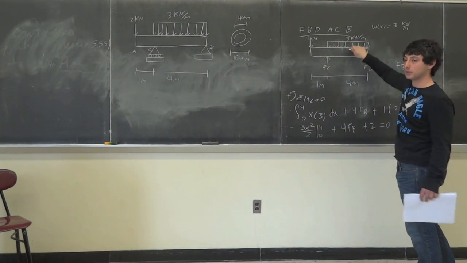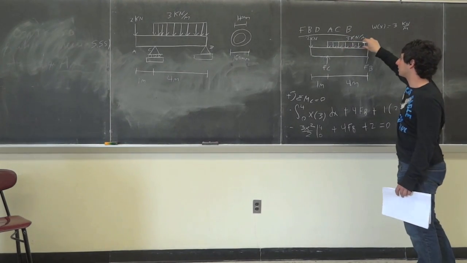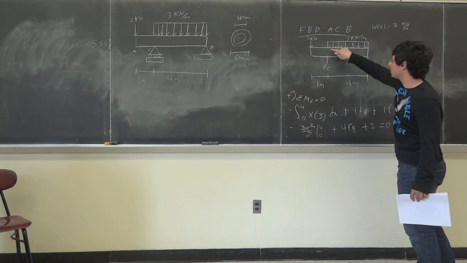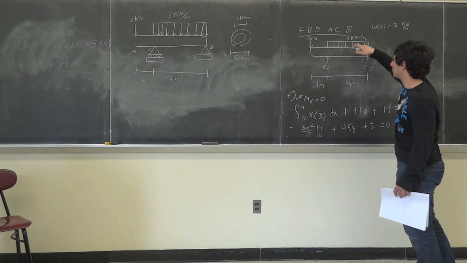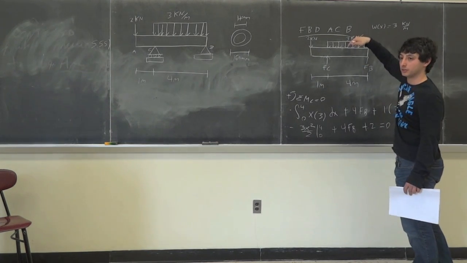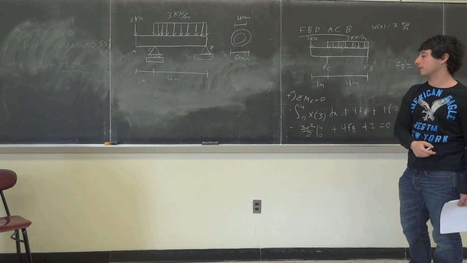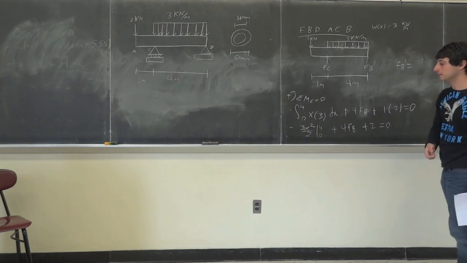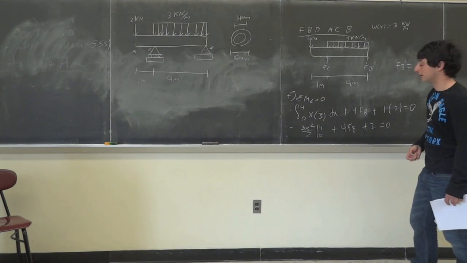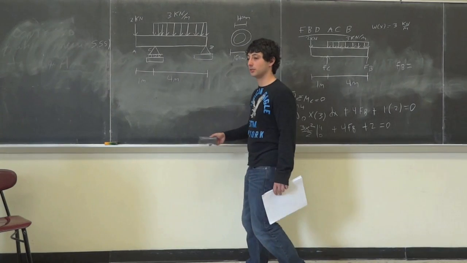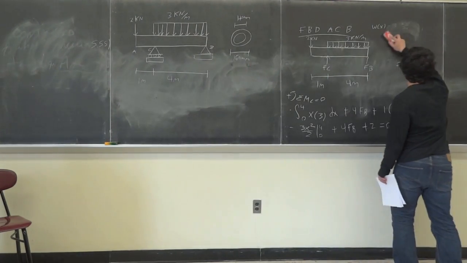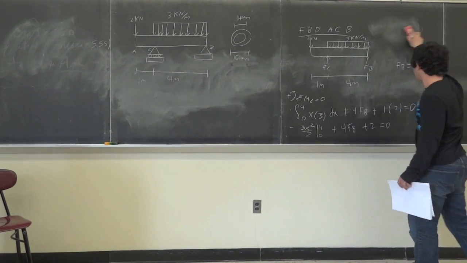For this one, you know it's a rectangular distributed load. You could multiply it by the distance, 3 times 4, and then put the load right in the middle. You could do that, but then your bending moment diagram is not going to be correct. Okay? All right. So you need to integrate.